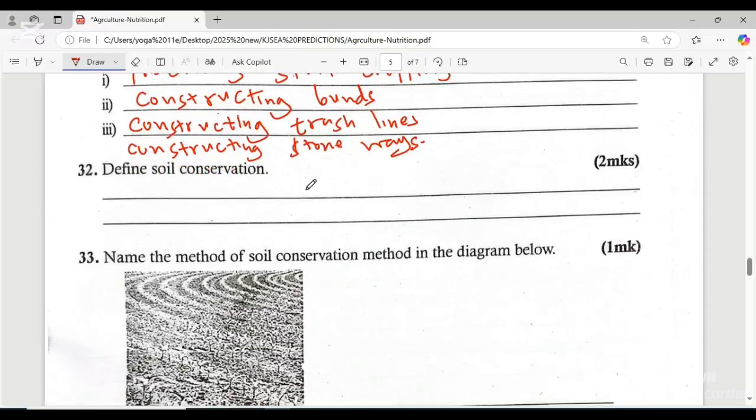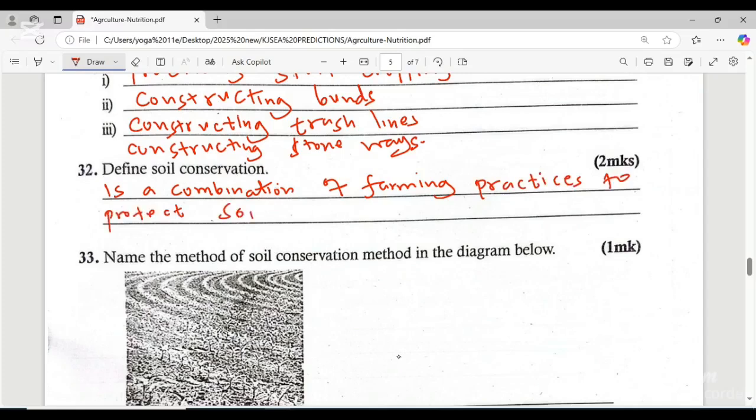Define soil conservation. What is soil conservation? Soil conservation is a combination of farming practices to protect soil from degradation.